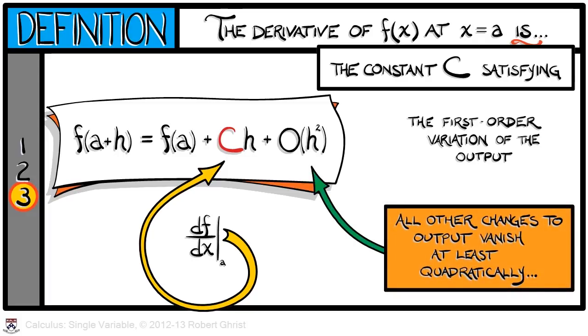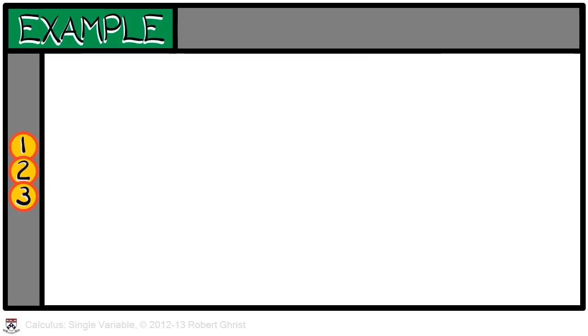Thinking in terms of a Taylor expansion and using the language of big O to control higher order terms is going to wind up being very illuminating. Let's compare these different definitions in the context of a simple example.